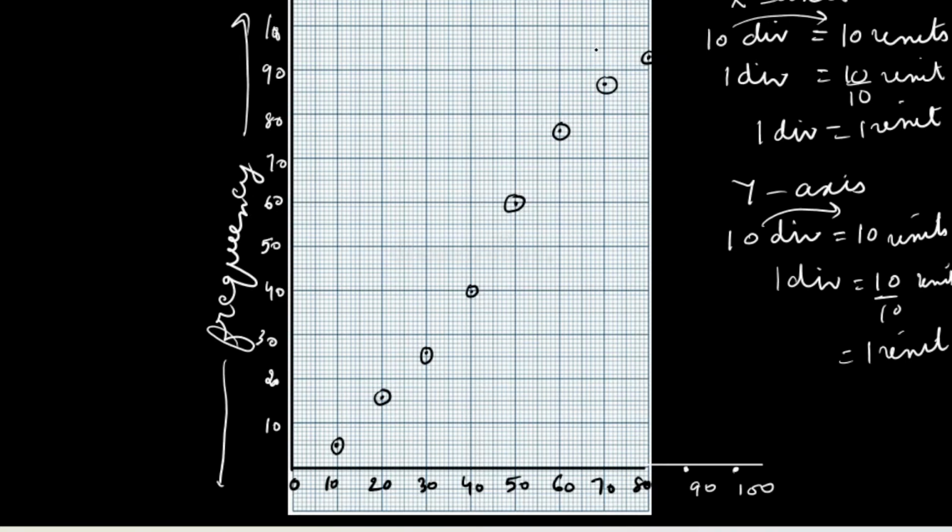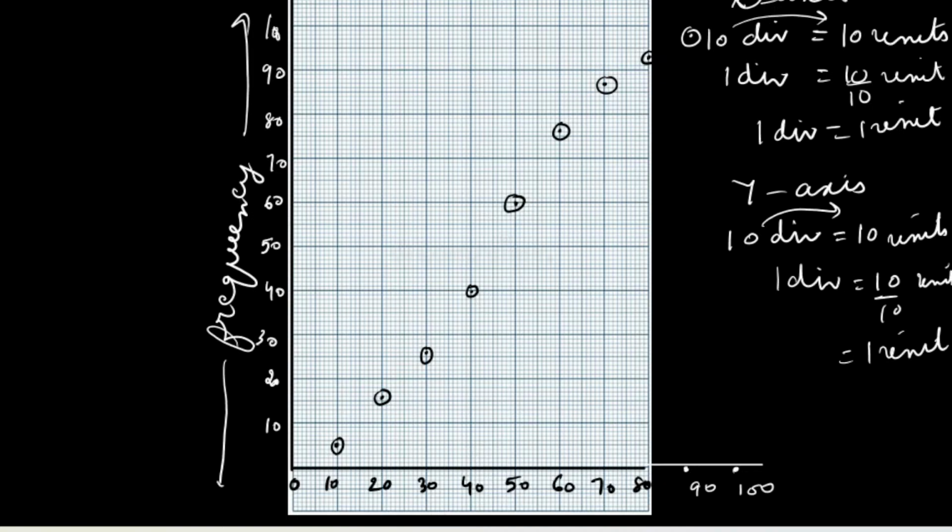For me it won't be much accurate because of my graph. 97 will be 3 units below 100, somewhere here it will be. And 100 comma 100 it will be a little up.